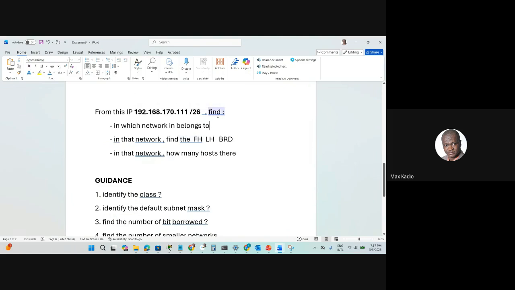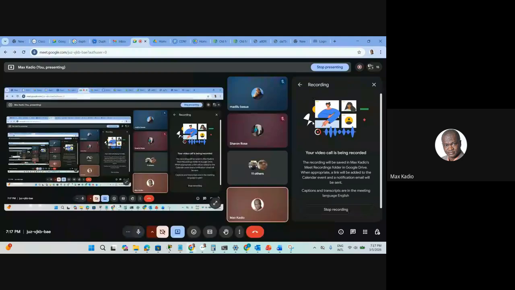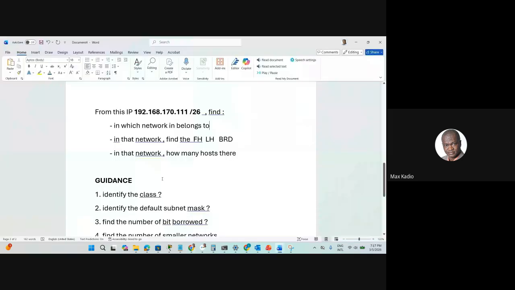Okay, so when you have such an IP, the question is which network it belongs to. And in that network, find the first valid host we can assign to a PC or to a device, the last valid host, and the broadcast.